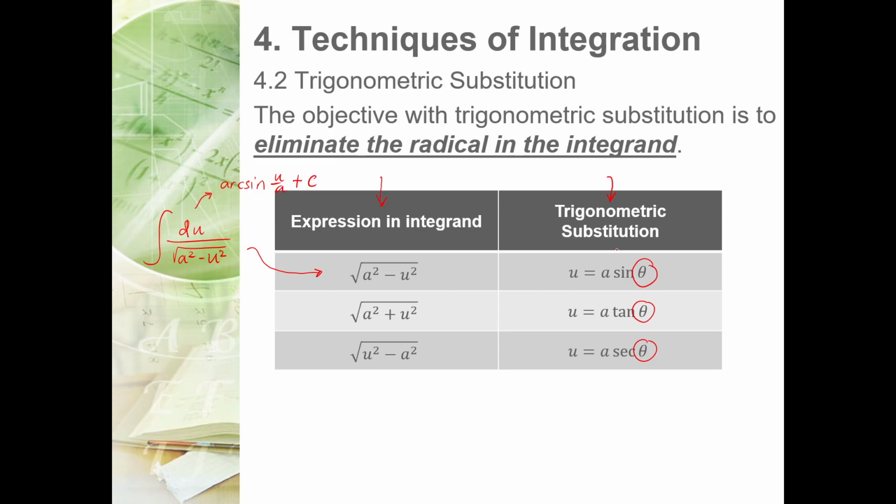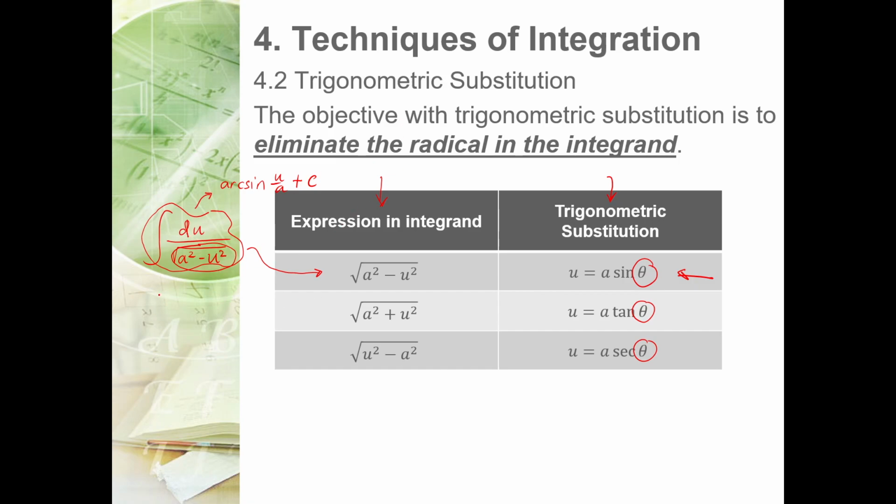Notice the corresponding trigonometric substitution being used is u equals a sine theta. Most likely if you cannot achieve the format of the inverse trigonometric functions and you have this term in your integrand, we're going to use trigonometric substitution. We'll get to that later, why we cannot achieve the inverse trigonometric integrals.